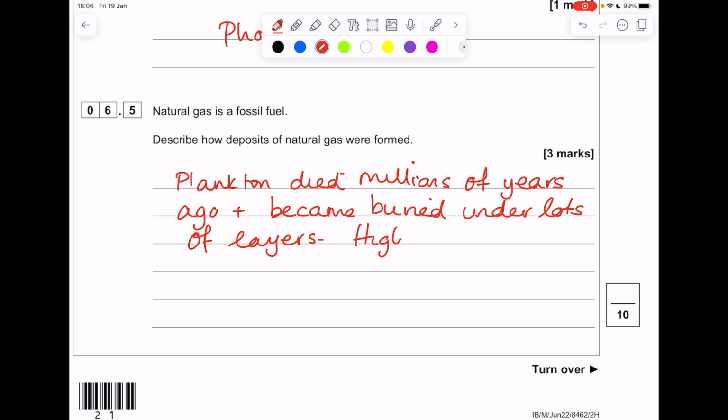High temperatures and pressures produced natural gas. Hence why it's such a finite resource.